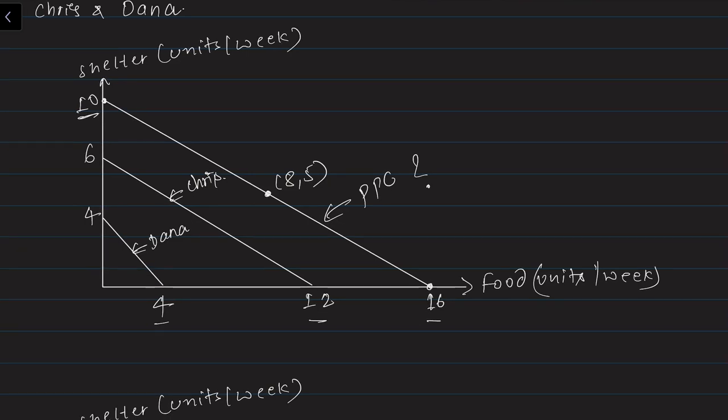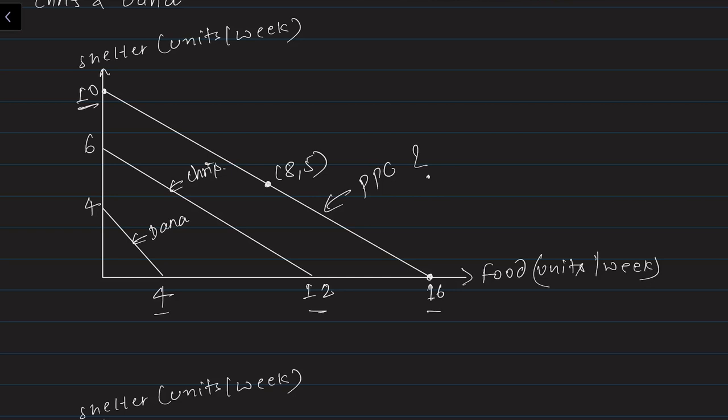So let's check this. Let's consider a midpoint of this straight line, which is 8,5, right? Now, since Chris has the comparative advantage in producing food, Chris will produce food.